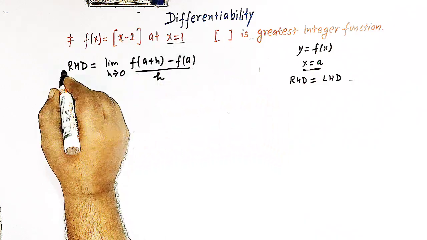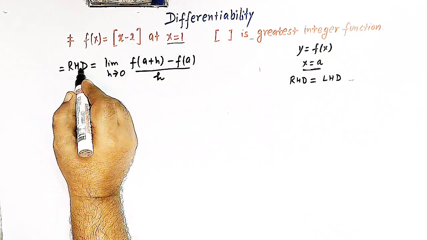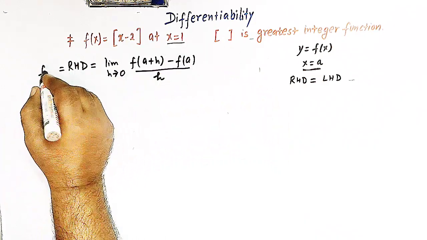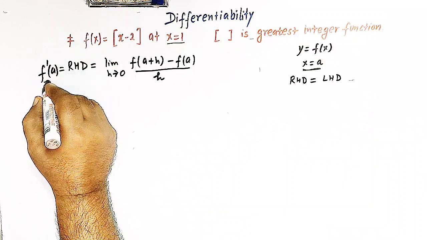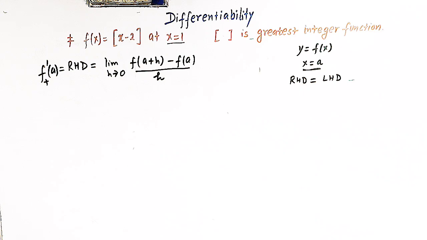The notation for the right hand derivative may be taken as f prime of a with a positive sign.